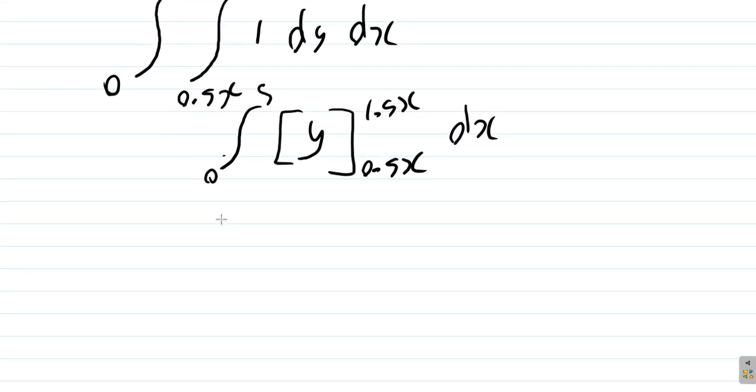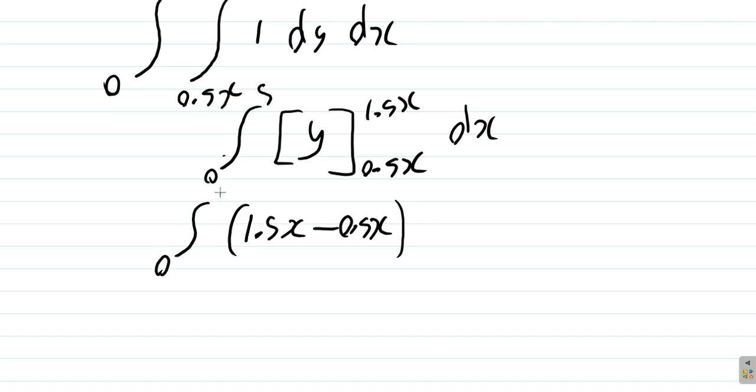So what you have is 1.5x minus 0.5x, and we're doing it from 0 to 5 dx. Good.